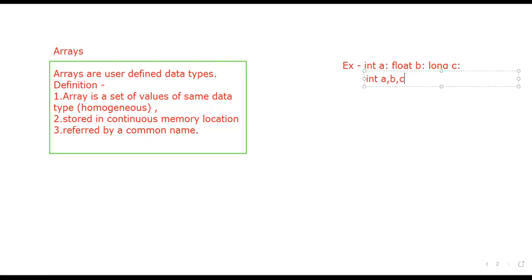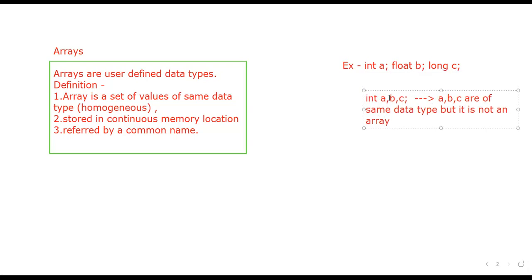If I write this, then in this example, A, B, C are of same data type, so this is homogeneous. But are they an array? Same data type, but it is not an array. Got it? It is not an array.